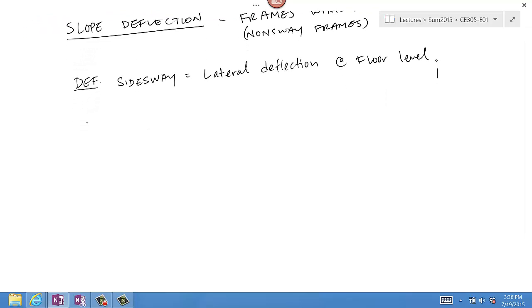Well, a frame will not sway if any of the following is true. Number one, if the frame is properly restrained against lateral deflection.